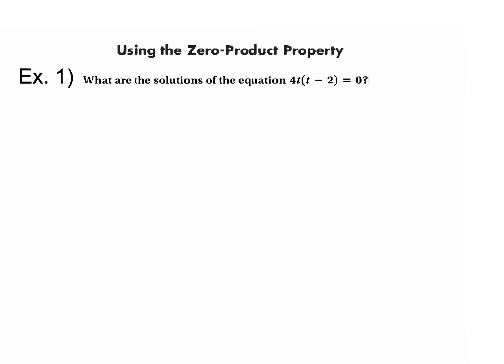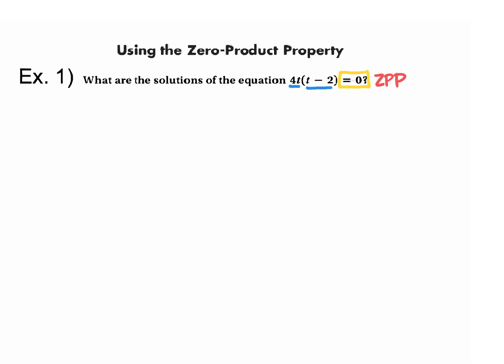What are the solutions of the equation 4t times the parentheses t minus 2 equals 0? All right, good. It's equal to 0. That's what we need. So we can use the ZPP, the zero product property. So that says if you have two parts, 4t is considered its own part, and t minus 2 is considered its own part.